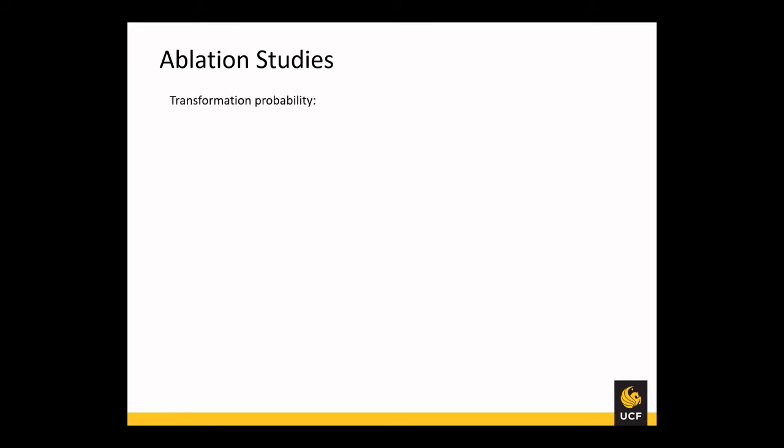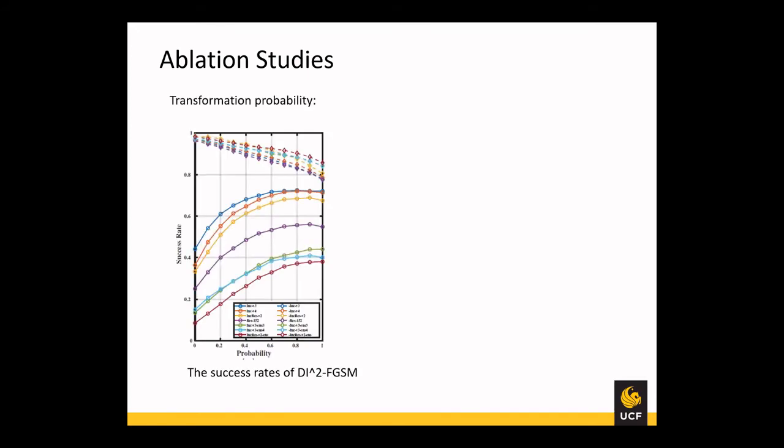So let's see how transformation probability is affected. In this diagram, the solid lines represent the black box setup, and the dotted lines represent the white box setup. If you magnify this image, you can see which lines represent the adversarially trained models and which represent the normally trained models in each case.